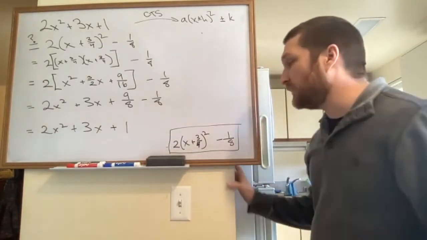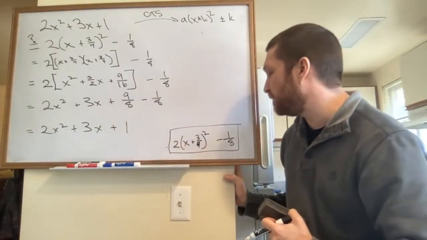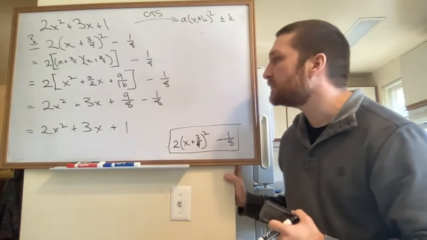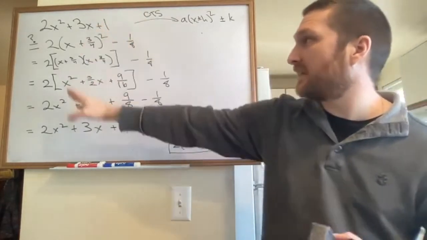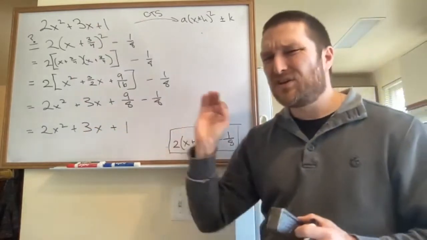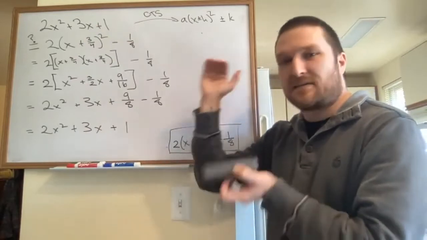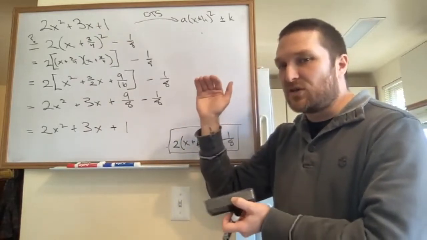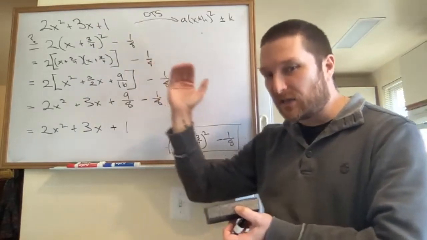The last thing we need to do, and I know we're already 15 minutes past time. So this is what you're going to be doing in your homework. This exact same thing. Notice you're not using that method that we developed at first with all the A's and the B's and all that. You're not just plugging stuff in. That was just to show you what you're going to be doing.